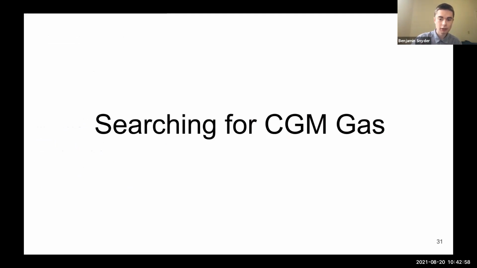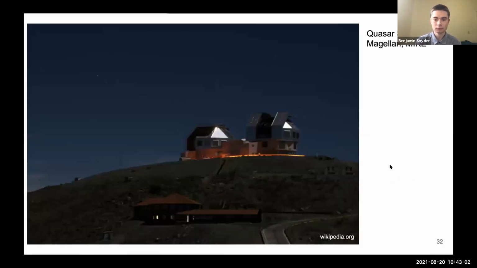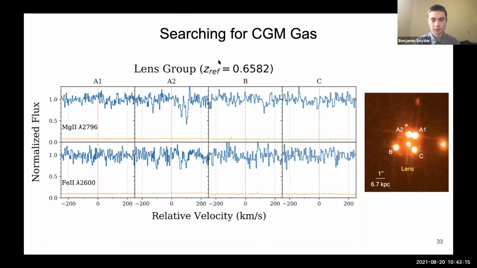So how do we actually look for gas in the circumgalactic medium? The quasar spectra were taken from the Magellan telescopes and the MIKE Echelle spectrograph, which is a very high resolution spectrograph. And this is an example of what a plot looks like when we're actually looking for the gas.